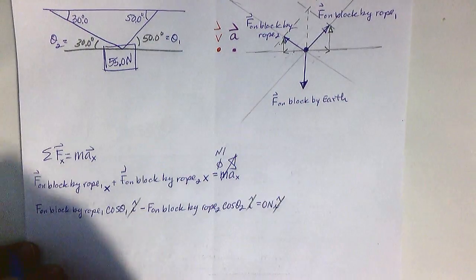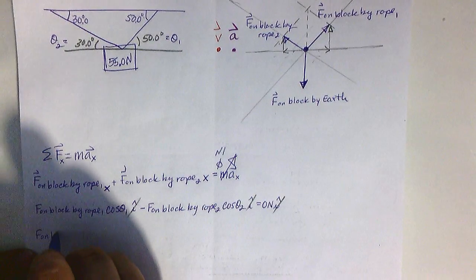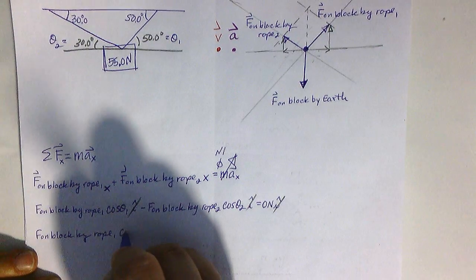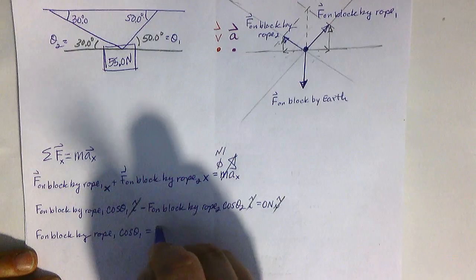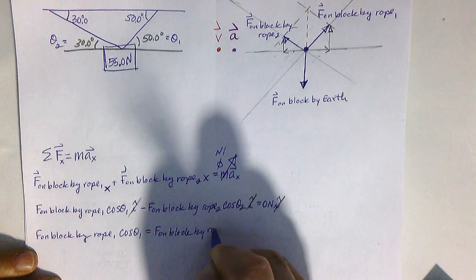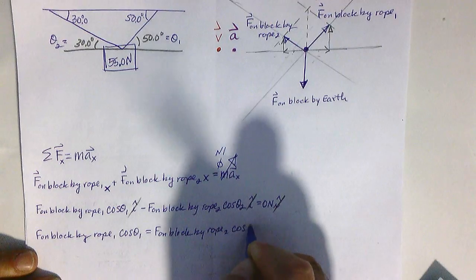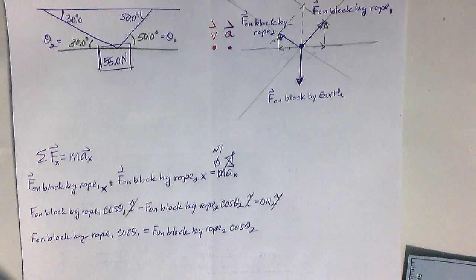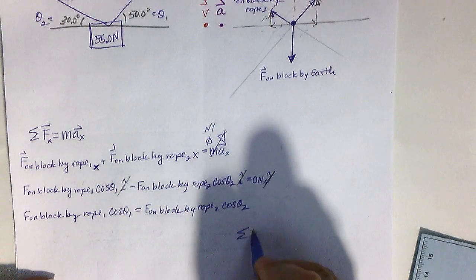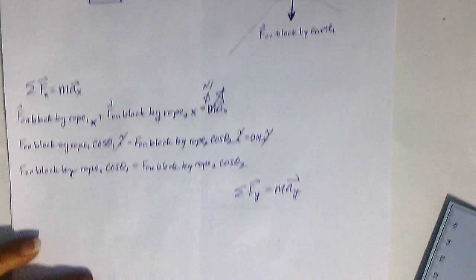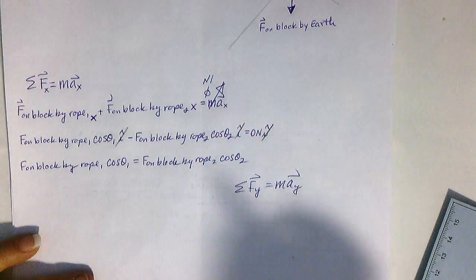I could add this to the other side, and I have force on block by rope 1 cosine theta 1 is equal to force on block by rope 2 cosine theta 2. Okay, now I'm ready to do the y direction. So the sum of the forces in y is equal to ma sub y. And why am I doing that? I have 2 unknowns.